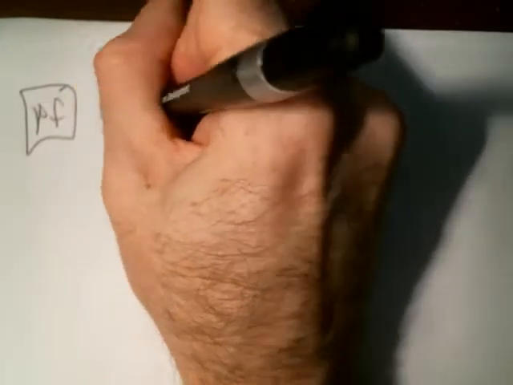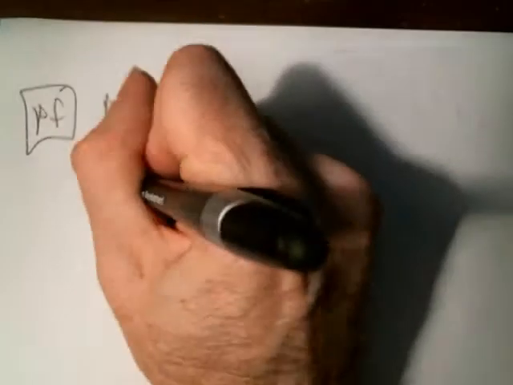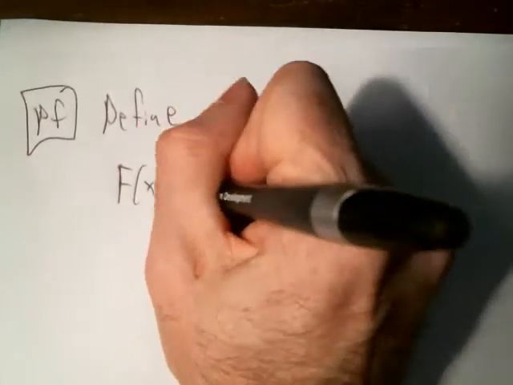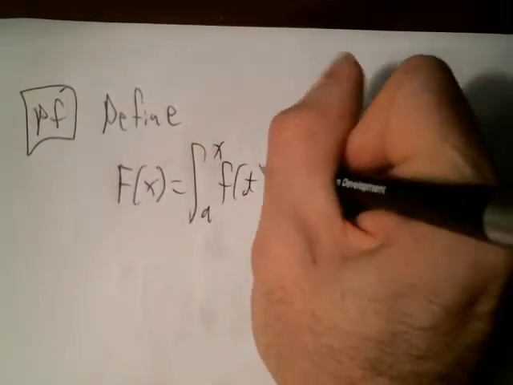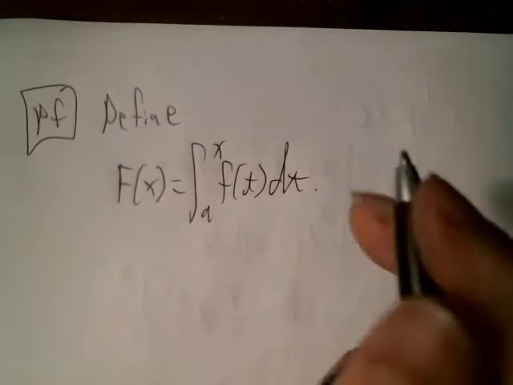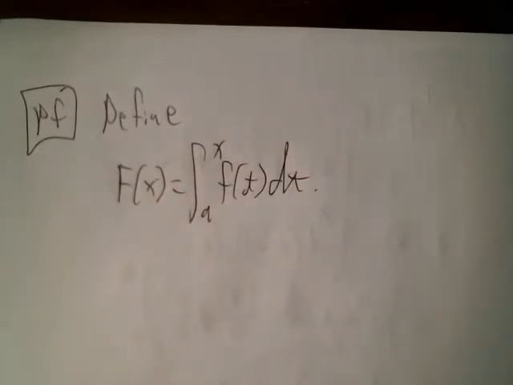So we'll define this antiderivative function as the integral from a to x of f of t dt. We have some criteria involved here, so let's look at 5.4 for the second fundamental theorem of calculus.